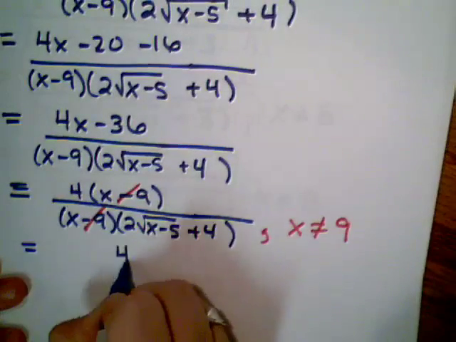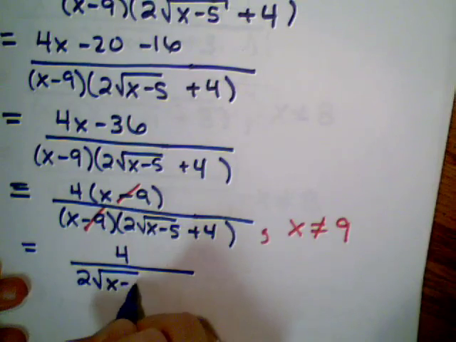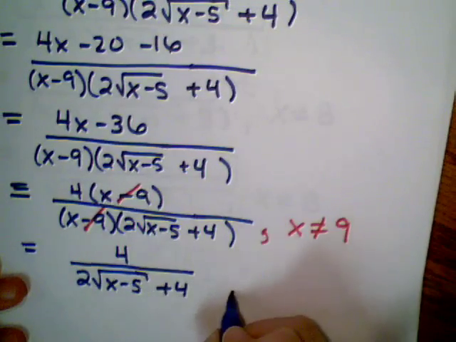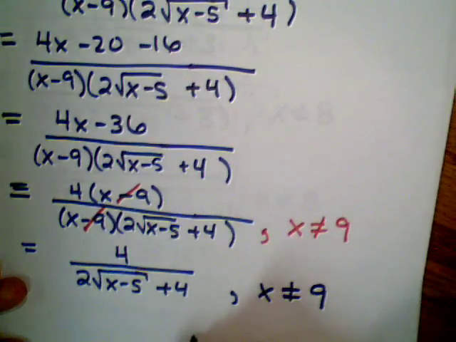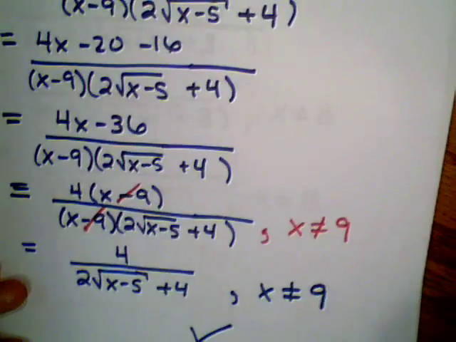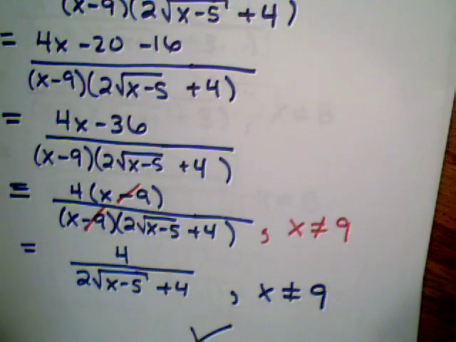So our simplified answer has a 4 in the numerator, it has our conjugate in the denominator, and we need to tell the reader that x cannot be 9. Okay, that's the end of our 2 examples rationalizing the numerators of functions, and that was part 2 of 2 videos. Thank you.